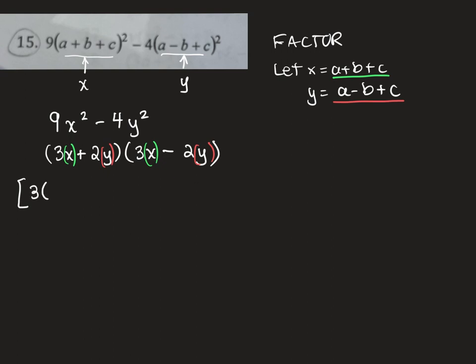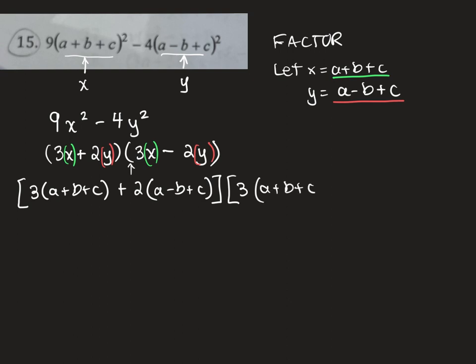Now we use round brackets to replace the x with a plus b plus c, and then we have plus 2, and then y is replaced with, so bracket, a minus b plus c, and bracket and the square bracket, and then start the new bracket, this one here. So we have a 3, replace the x, a plus b plus c, minus 2, replace the y, a minus b plus c, and then end the brackets.